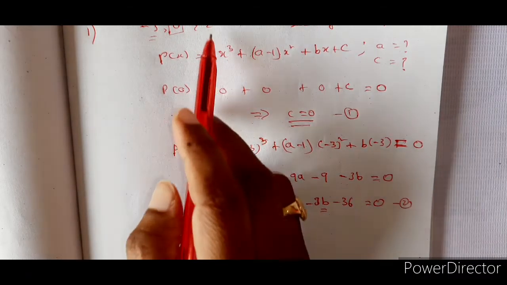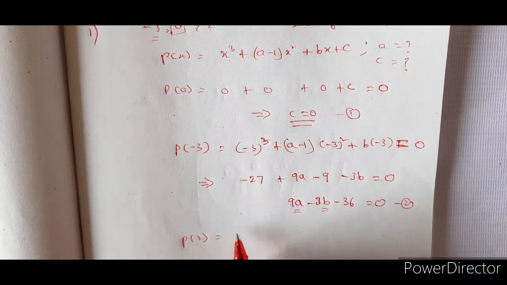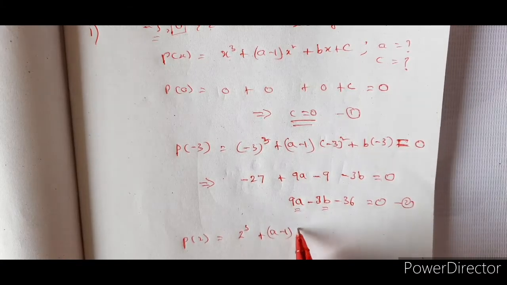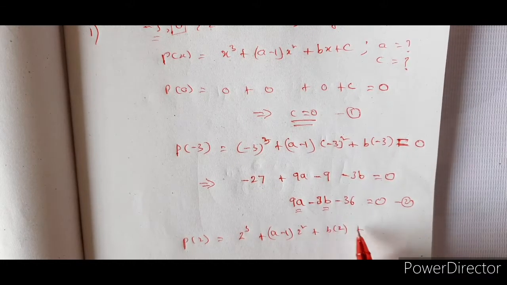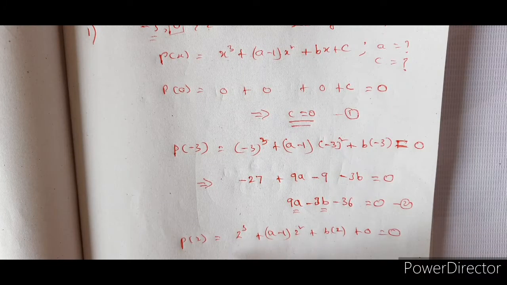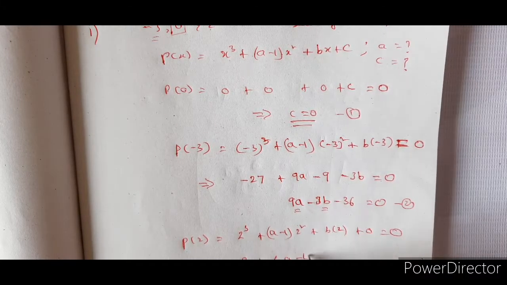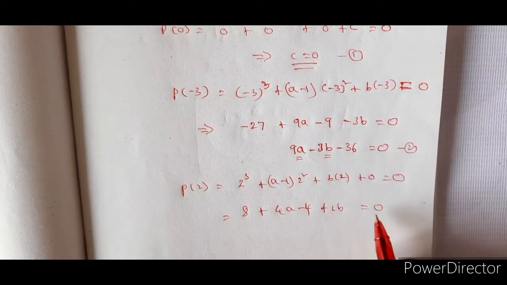I have one more zero here, which is 2. Now let me find out p of 2. P of 2 is 2 cube plus (a minus 1) into 2 square plus b into 2 plus c, of course, is 0. Now I can write this one as 8 plus 4a minus 4 plus 2b is equal to 0.